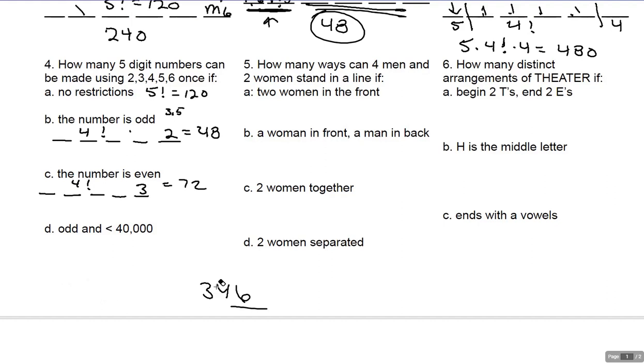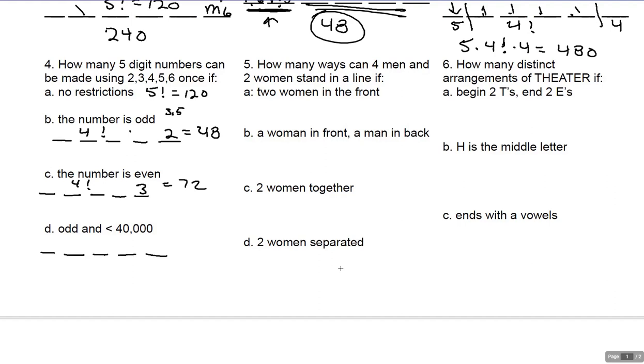All right. Now, this one's more difficult because they have 2 requirements. What are the requirements? It has to be odd and less than 40,000, right? Okay, so let's talk about this. 1, 2, 3, 4, 5.